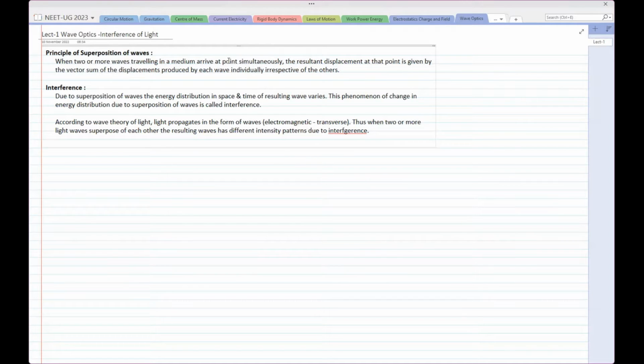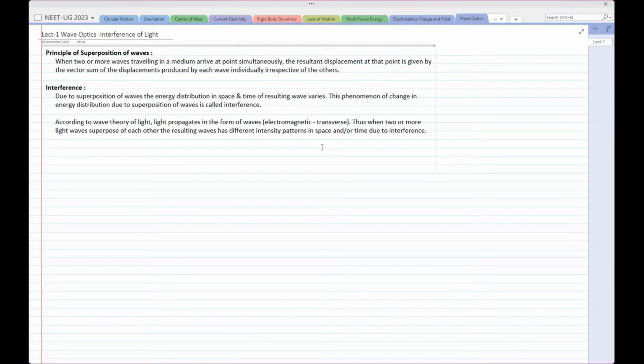So what you will see is the interference pattern shows variation of intensity, okay, in space and/or time. In space or time means at a given place or at a given time, you can see different intensity patterns depending upon what kind of waves you have, what their original condition is, what their speeds are, etcetera. So this is what we see.